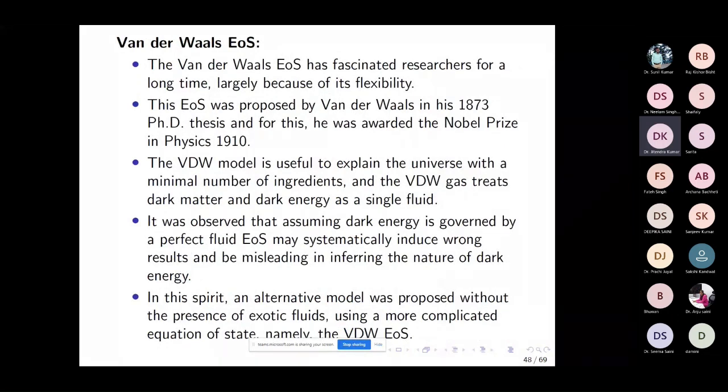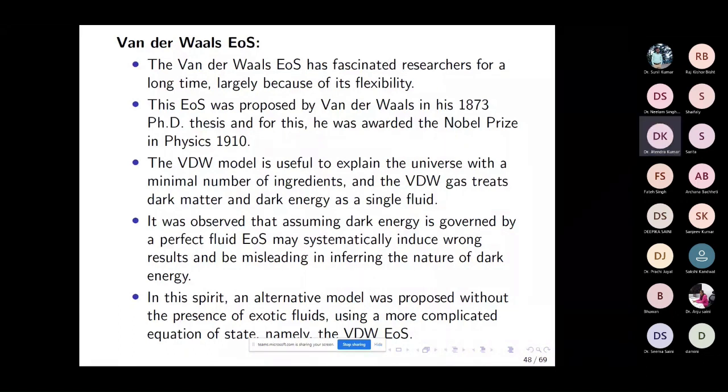This equation of state was proposed by van der Waals in 1873 in his PhD thesis, and for this he was awarded the Nobel Prize in Physics in 1910.